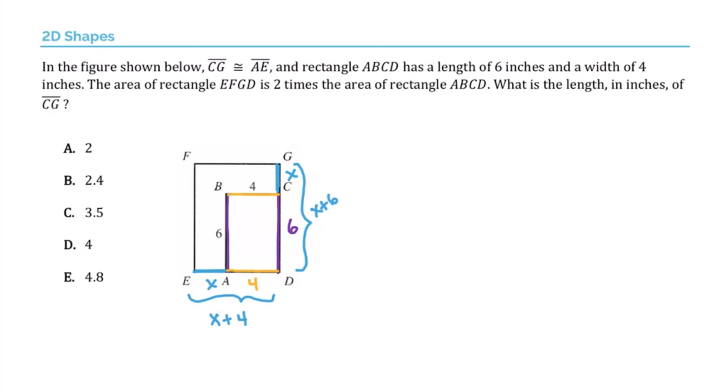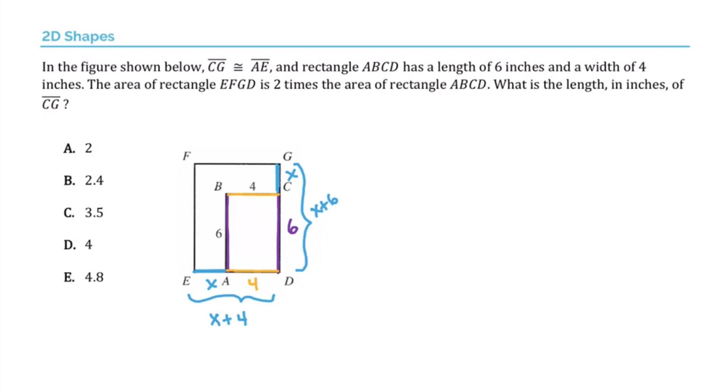So when we're comparing these rectangles, with ABCD we know we have a length of 6 and a width of 4. But the hard part, this initial challenge for us, was to label those two blue segments both x, so that when we look at the bigger rectangle of EFGD, we can see that it has a length of x plus 6 and a width of x plus 4.